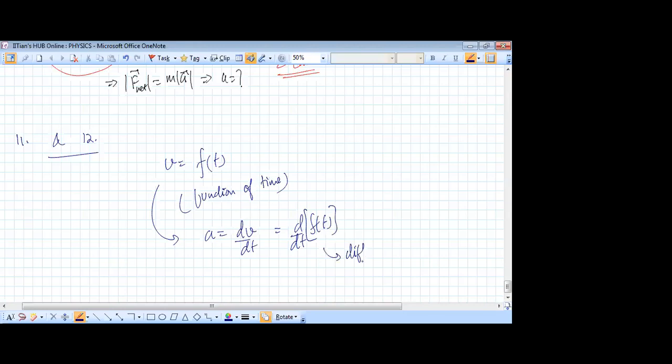So differentiate with respect to time using calculus. Okay. And from that you calculate acceleration, and from that you calculate force. Okay. And rest you should be able to handle. Question 13, again use kinematics.